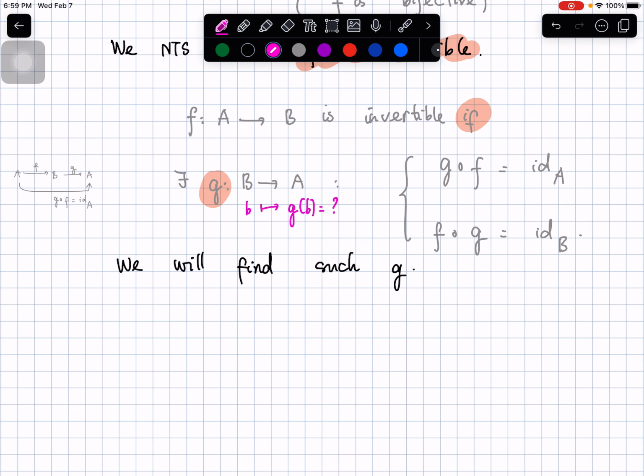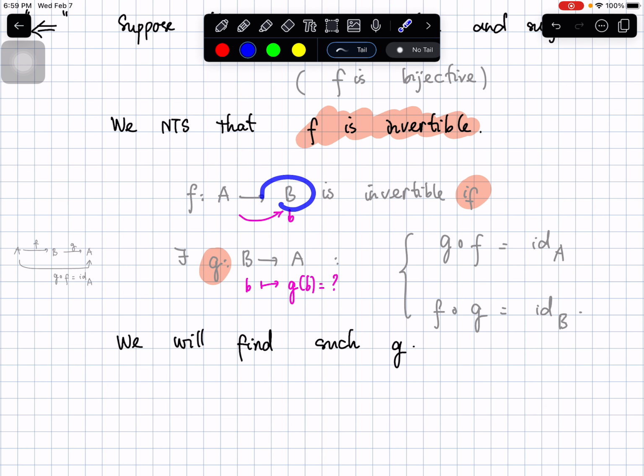So, for this b in B, it is mapped to by something in A because this function is surjective. So there must be something here, small a, sent to b, right?